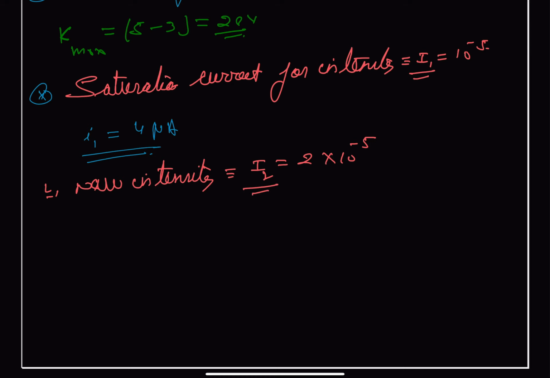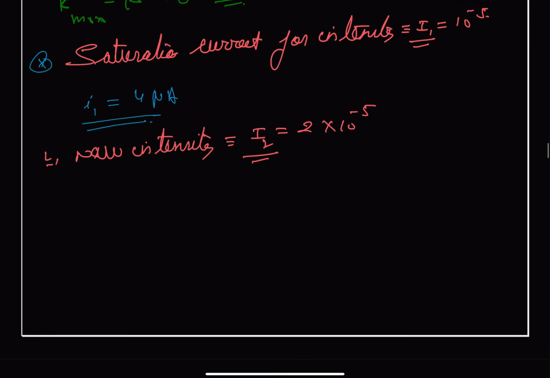So we can say that I2 is equal to twice I1. Therefore, the photo emission rate will also double.